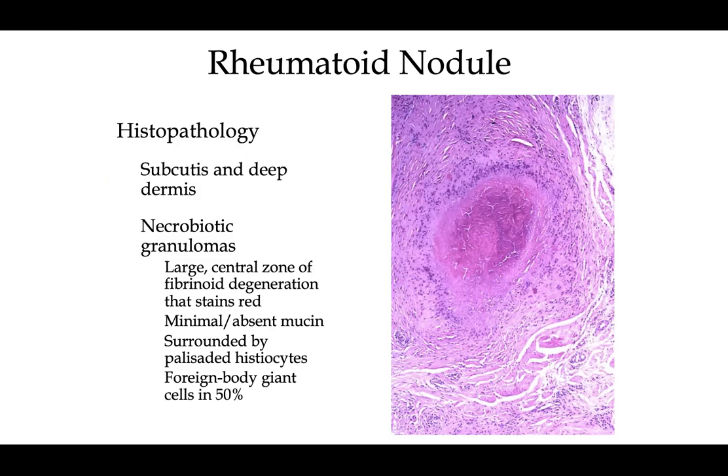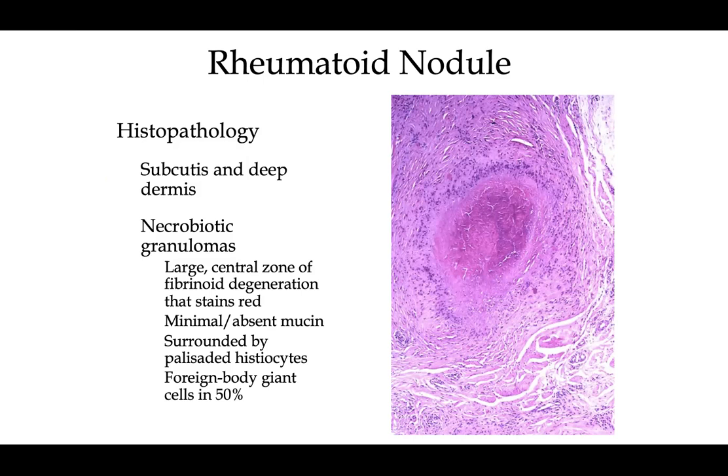So you'll have to go on higher power on your exam and make sure you're not dealing with a very pleomorphic, mitotic activity-based neoplasm, because there have been some examples of such things that are very testable, but also it's important because in real life, if you have a patient that has a deep-seated growing nodule and they don't have any history of rheumatoid and it looks like a rheumatoid nodule on low power, then you better go on high power and be looking for the evidence of atypical epithelioid cells, which might represent an epithelioid sarcoma.